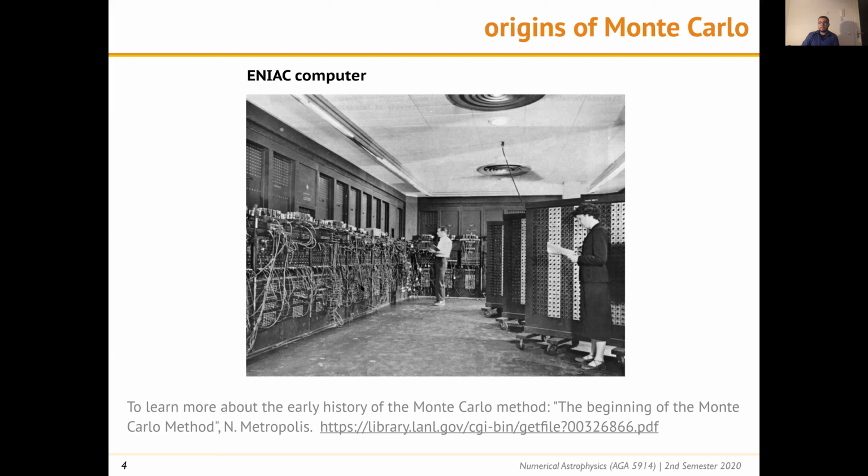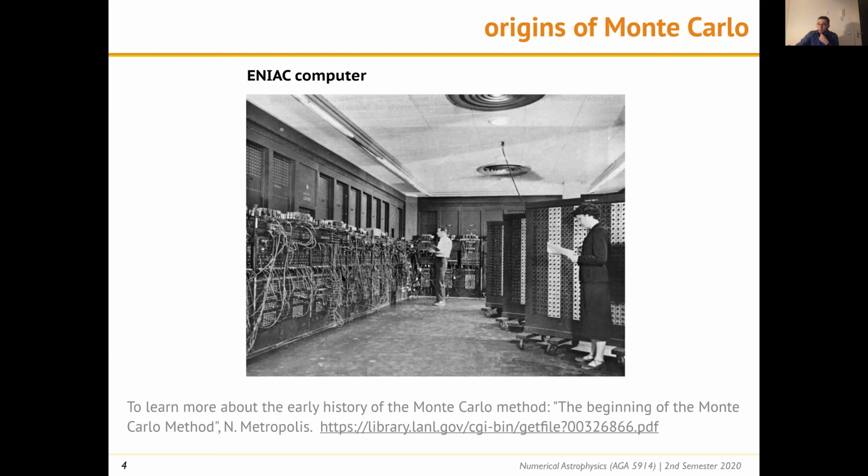ENIAC stands for electronic, yeah, I don't really remember that, sorry. But this is the computer that did the calculations for the hydrogen bomb at the time. Not for the Hiroshima bomb, because this is 1946, but for other tests during the Cold War. So this computer really played an important role in history.